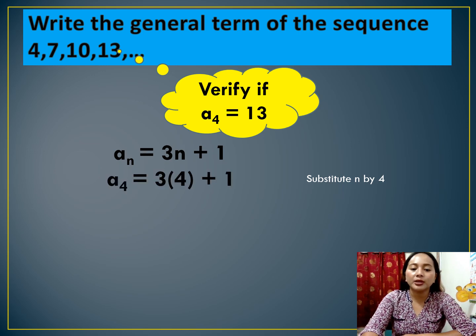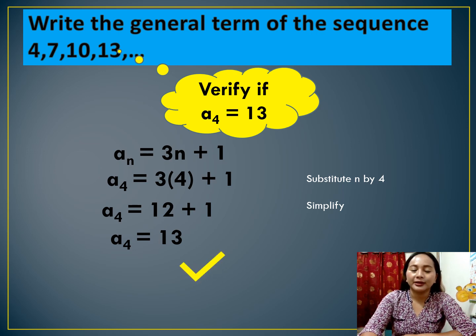So that becomes a sub 4 is equal to 3 multiplied by 4 added by 1. And then simplify, so that becomes 12 plus 1, and the fourth term is 13. Correct! The fourth term of the sequence a sub n is equal to 3n plus 1 is indeed 13.